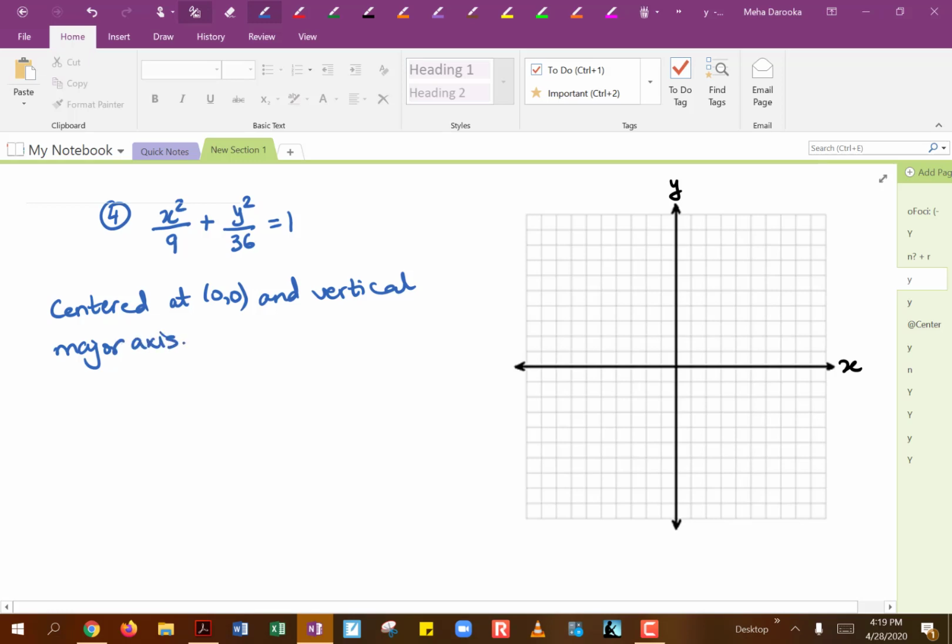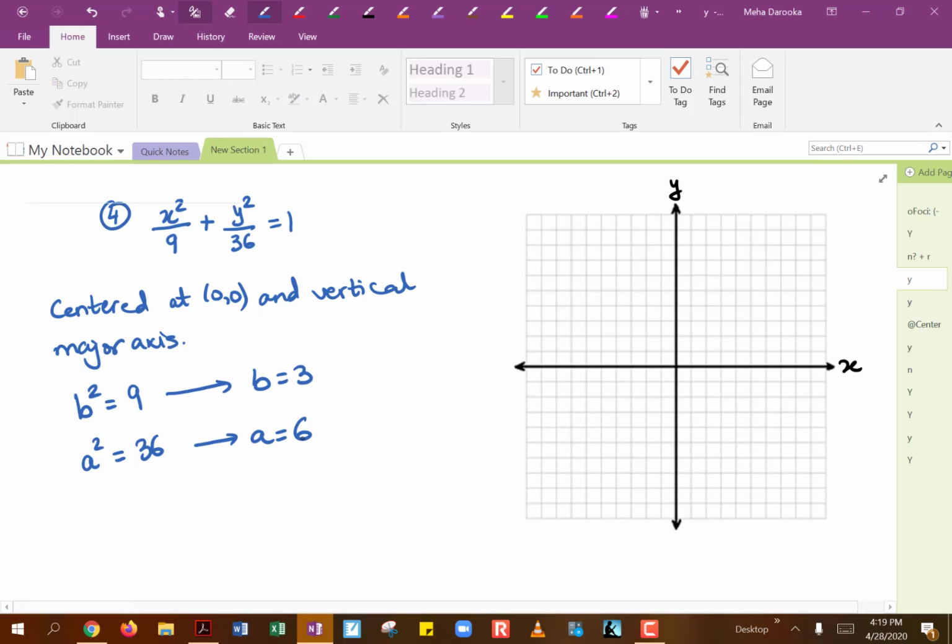Okay, so the denominator under the x value is giving us our b squared value, and the denominator under the y squared is giving us the a squared value. So larger denominator will be a squared, smaller denominator is b squared, so that tells me square root of 9 is 3, so b equals 3. Square root of 36 is 6, so that means a equals 6.